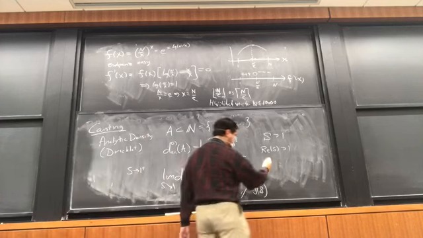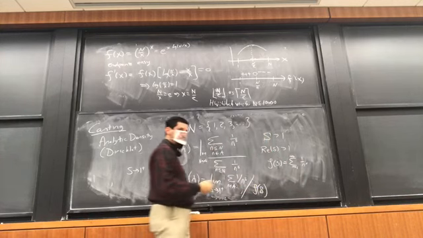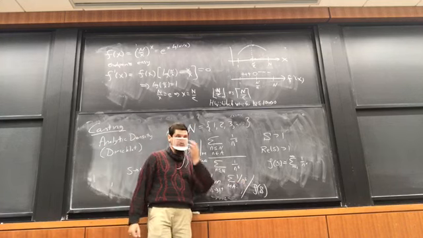Here, zeta of S is just the sum of 1 over n to the S, from 1 to infinity. And for each value of S greater than 1, this actually exists and makes sense.